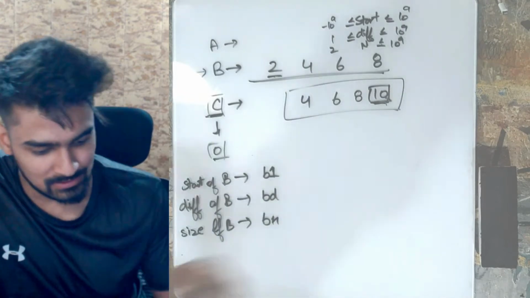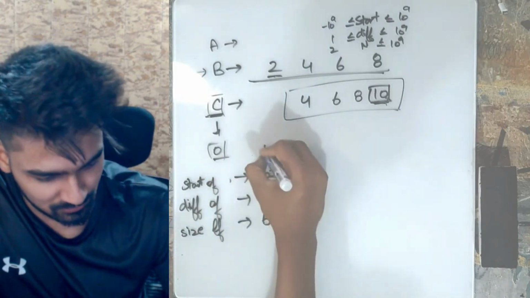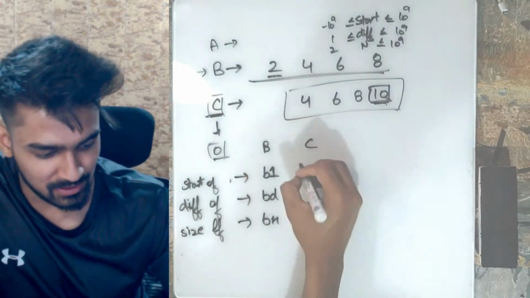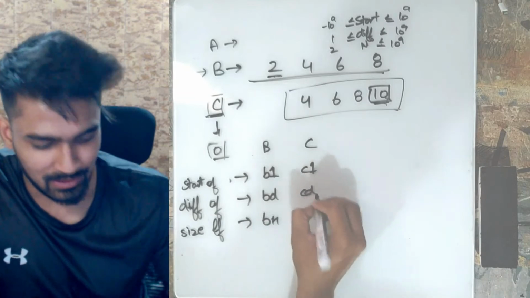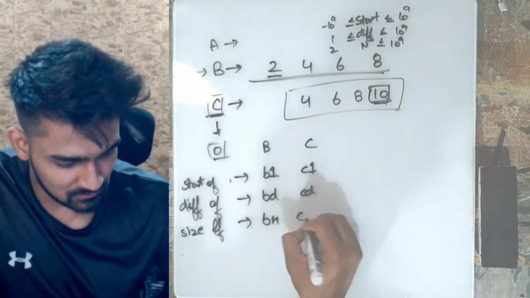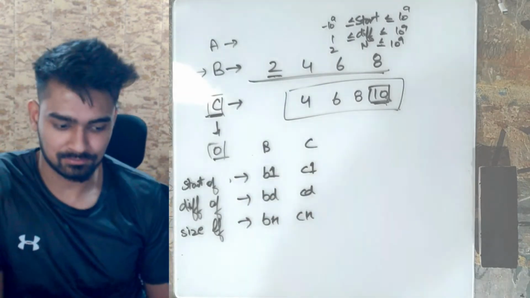Similarly for C, we have C1 as the start, a difference of CD, and the size is Cn.